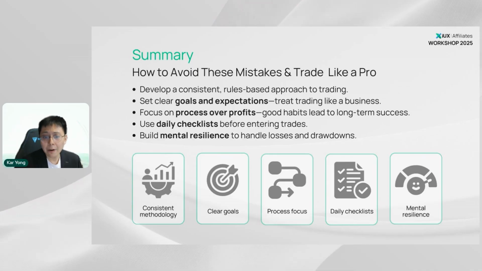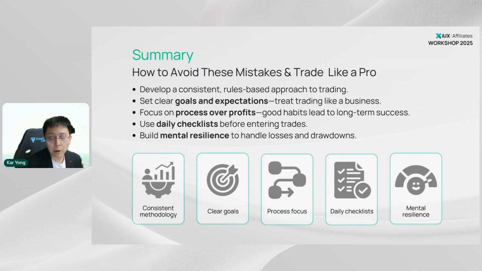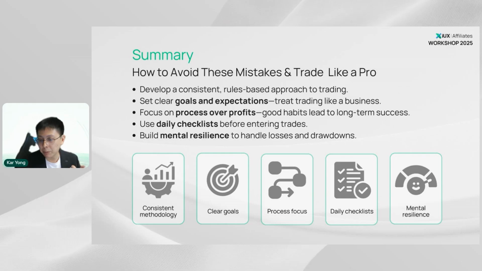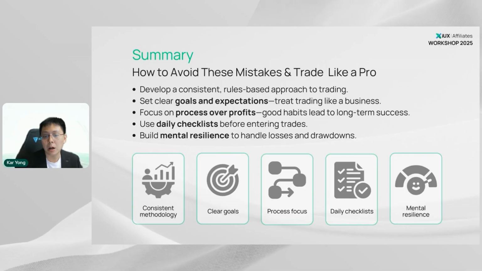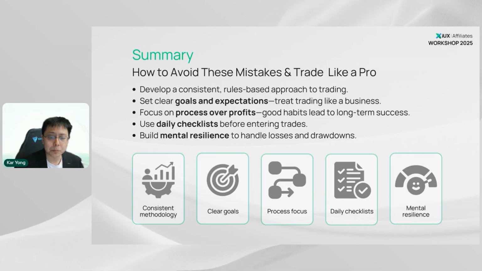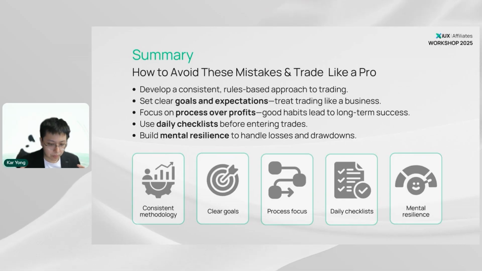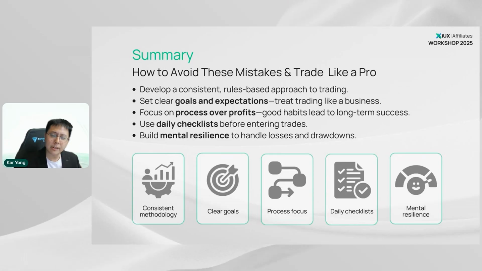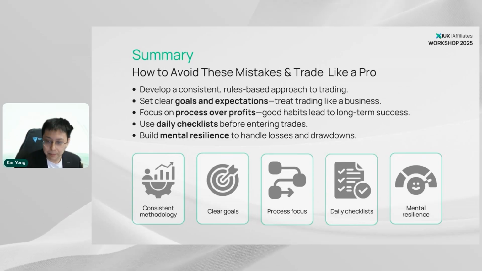Okay, so we covered the first part, how to avoid these mistakes, right? We talked about 7 total mistakes. A lot of times it comes back down to having a proper business trading plan, a systematic trading plan, having the discipline to follow through, and of course the psychological aspect. So you want to treat trading as a business.